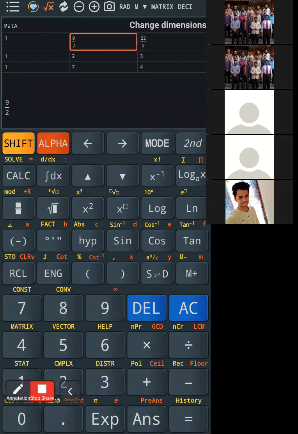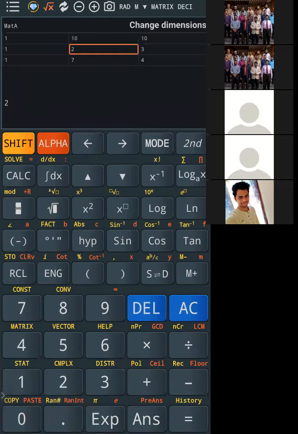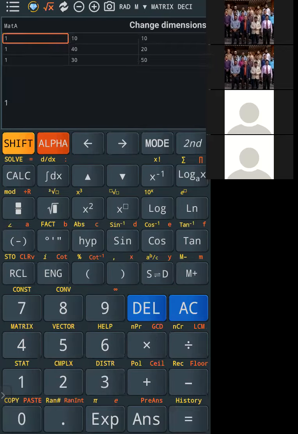So this is 1, 10, 10, then 1, 40, 20, then 1, 30, 50. See, 1, 10, 10, 1, 40, 20, and 1, 30, 50. So we have entered these values.